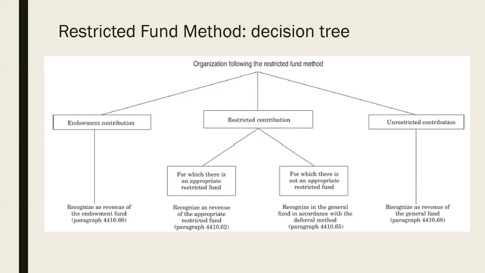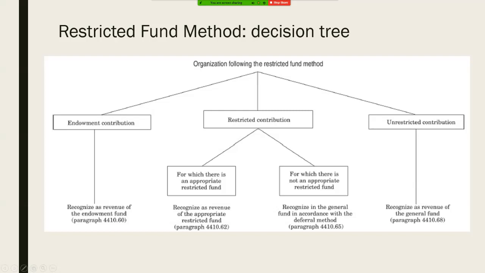If unrestricted contributions are received, the amount received is recognized as revenue in the general fund. Now, when a restricted contribution is received, the question arises, do we have an appropriate restricted fund or not? If we have an appropriate restricted fund, we will recognize the amount received as revenue in the appropriate restricted fund.